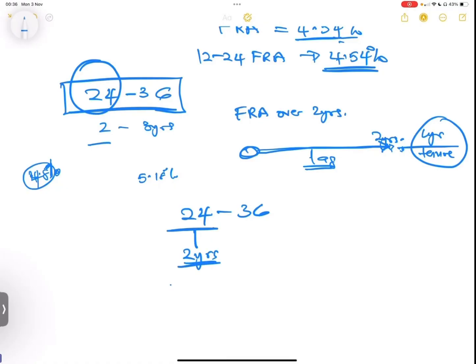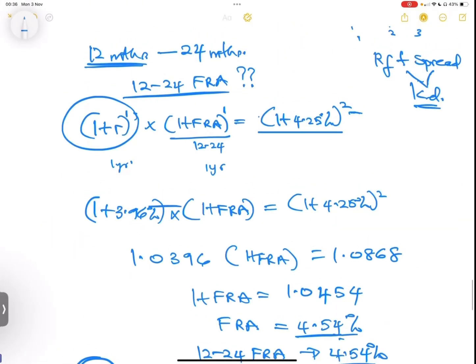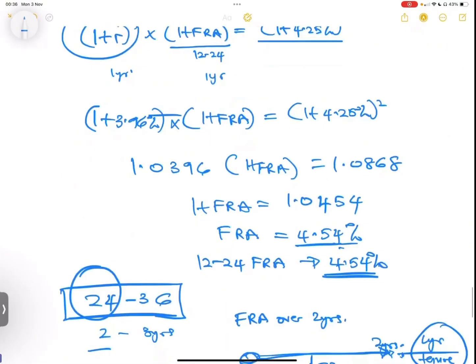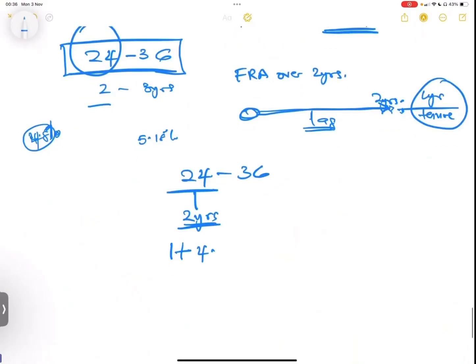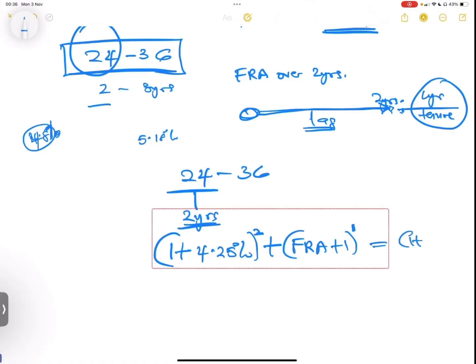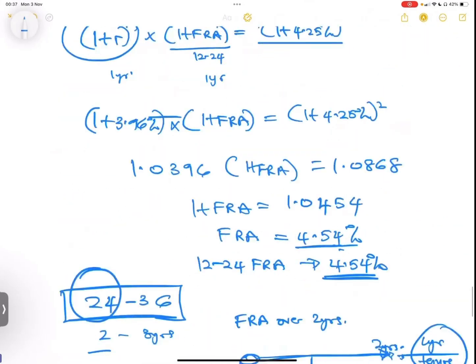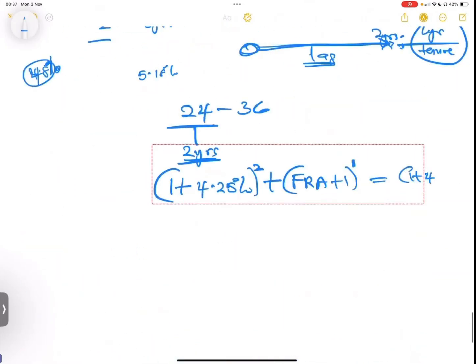So our lag period, the 2 year rate, is 4.25%, so 1 plus 4.25%, raised to power 2 because this is a period of 2 years, multiplied by 1 plus the FRA that we need. The 1 year FRA is what we are looking for, and 2 plus 1 gives us the 3-year rate, 1 plus 4.56% raised to power 3.